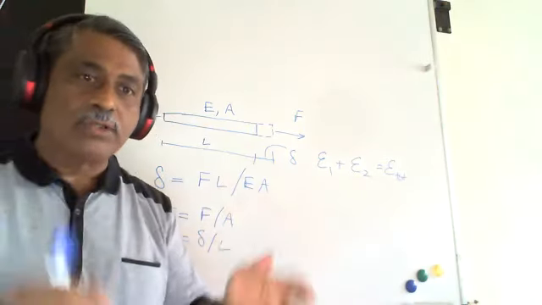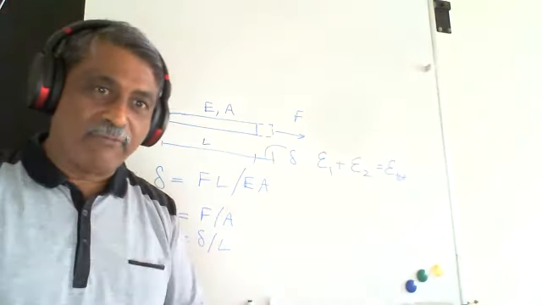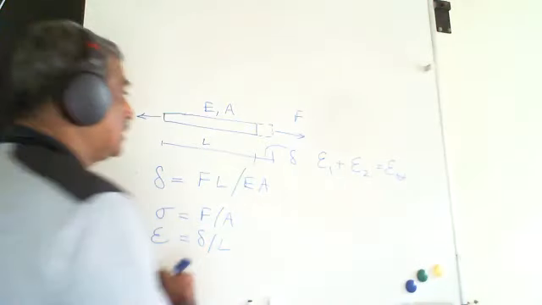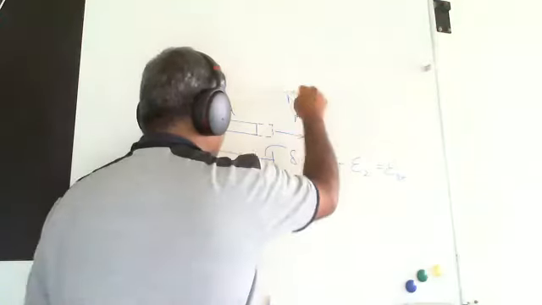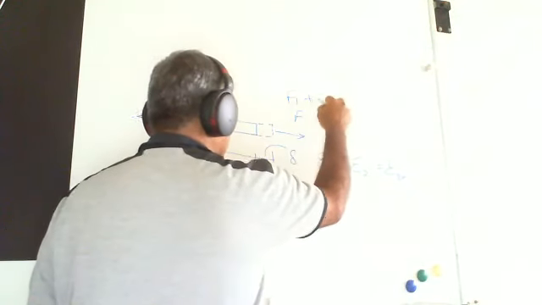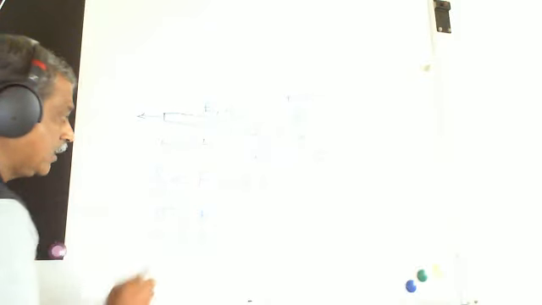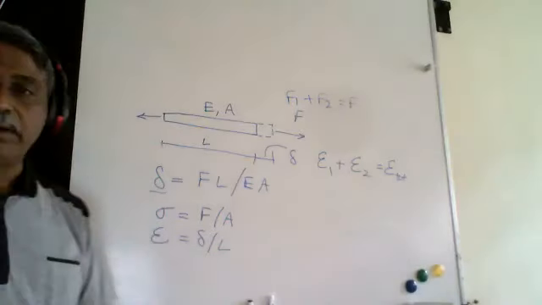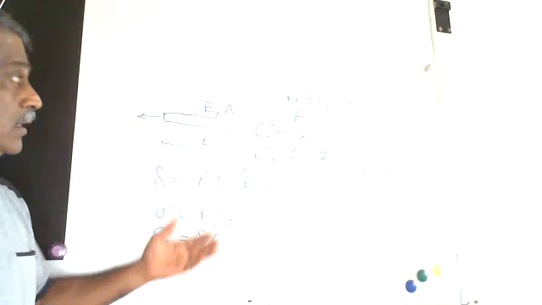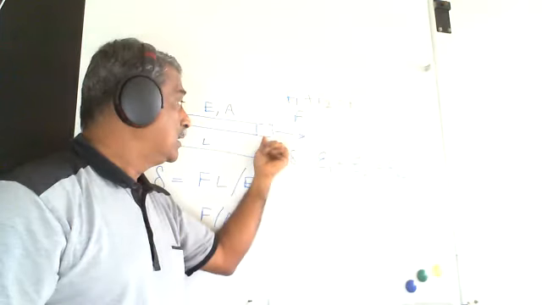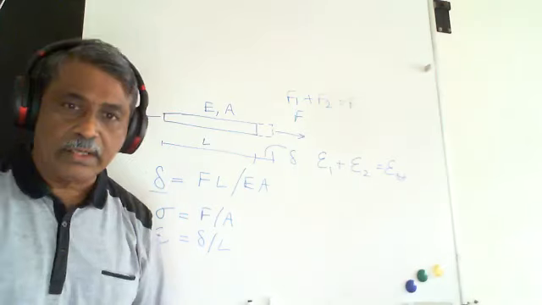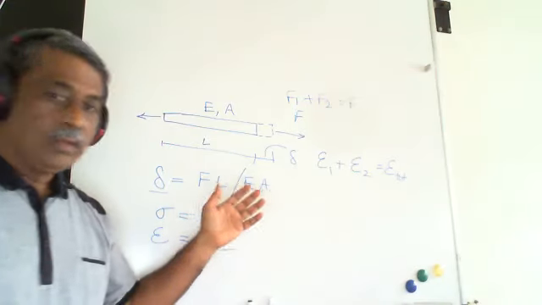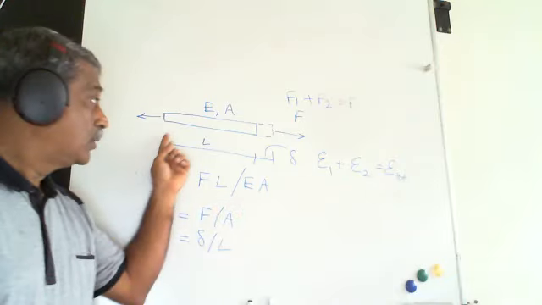Let's say I have a force that I apply first, let's say F1. And then I split this force into, let's say, first stage F1 and the second phase F2, and then seek to find out what would be the total deflection using this strain measure. Then I have to make sure that the delta that I get here is very small compared to the total length that I have.